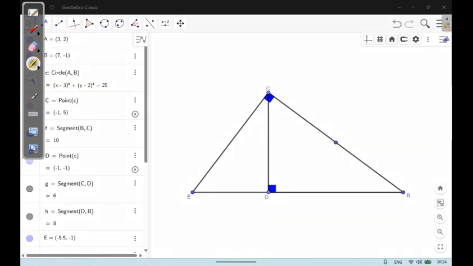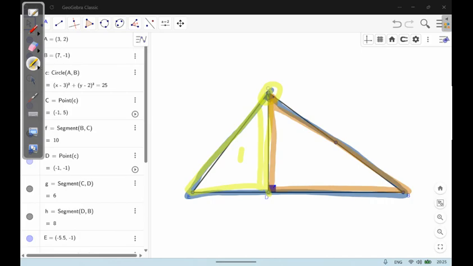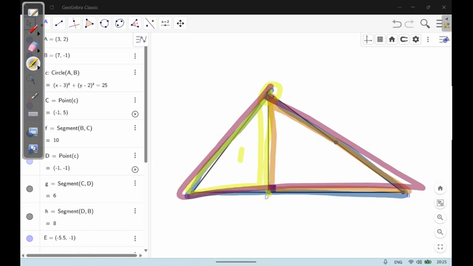What the theorem says is that if you've got this big triangle, BCE, and you draw a line from the vertex where the right angle is formed, such that that line is perpendicular to the hypotenuse, then these three triangles, triangle number one being this smaller one, which I'll highlight in yellow, triangle number two being this one here, and triangle number three being that one there, are all similar.